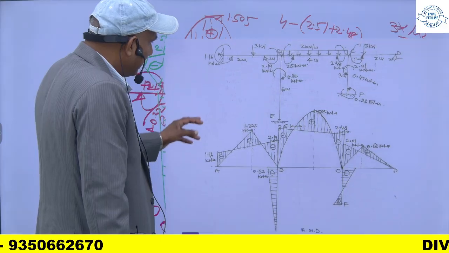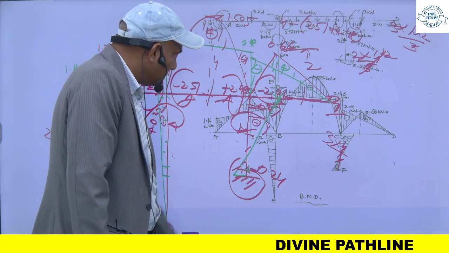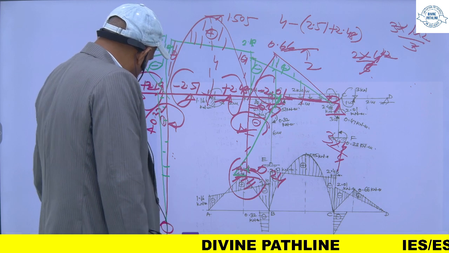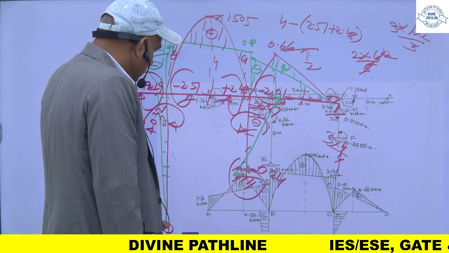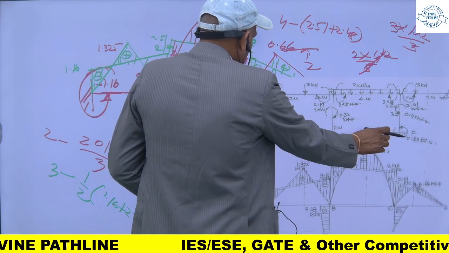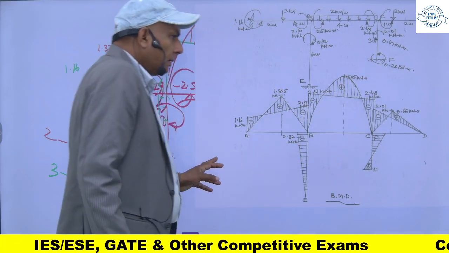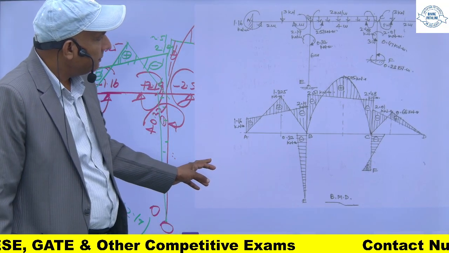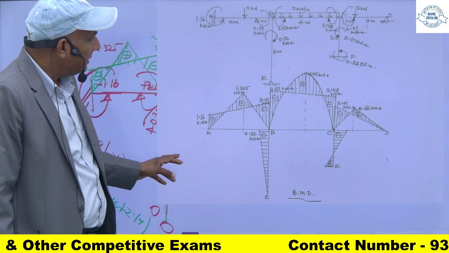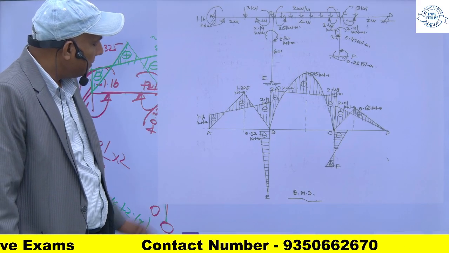So this is my bending moment diagram. Finally you will get, it will look like this. So it is very easy.